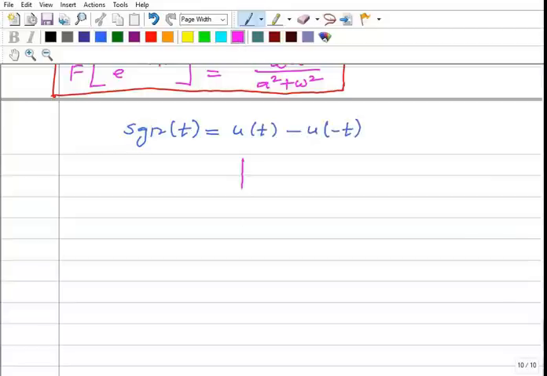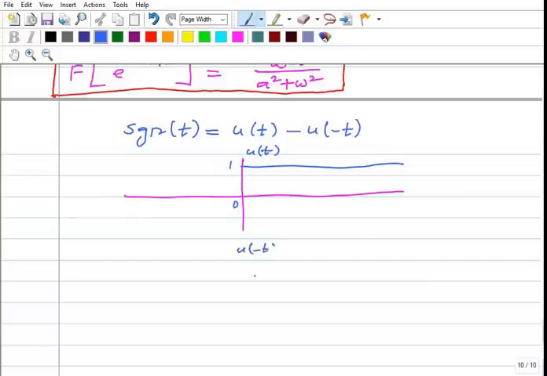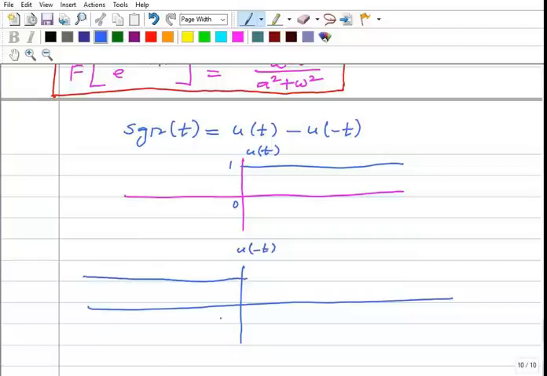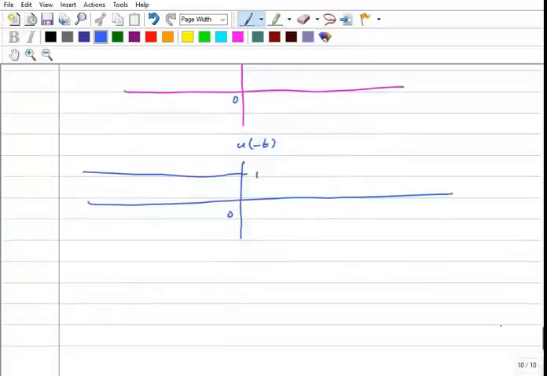What is u of t? From 0 to infinity it is 1. This is u of t. Right? U of minus t, from minus infinity to 0, it is 1. Then minus of u of minus t, the amplitude will be inverted.